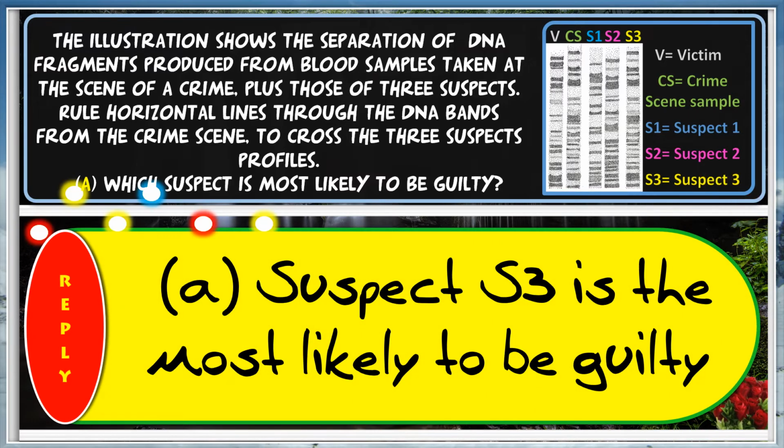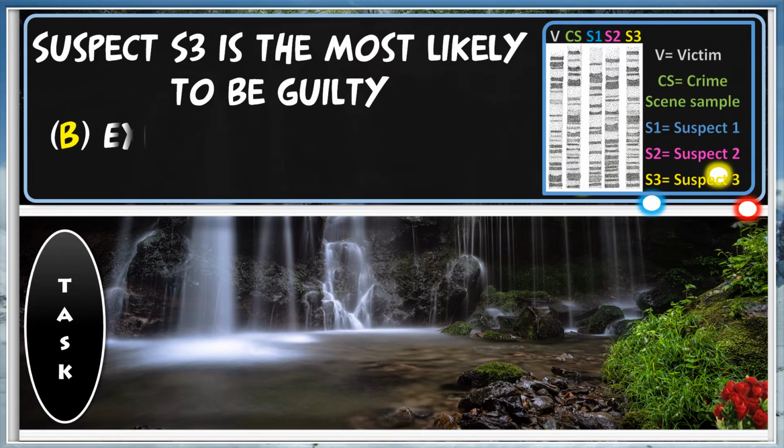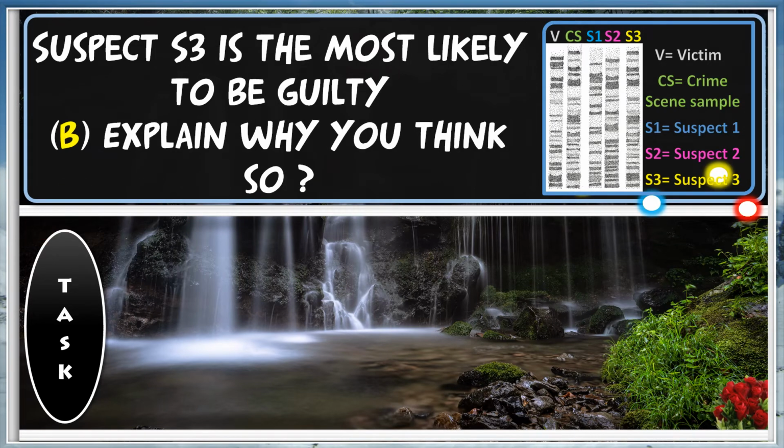Part A. Suspect 3 is the most likely to be guilty.